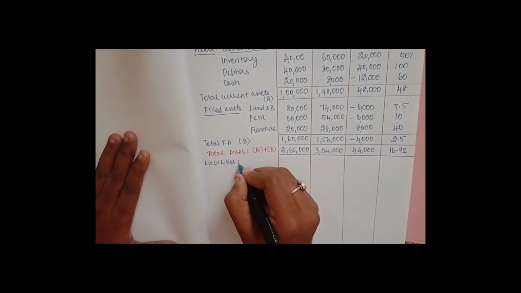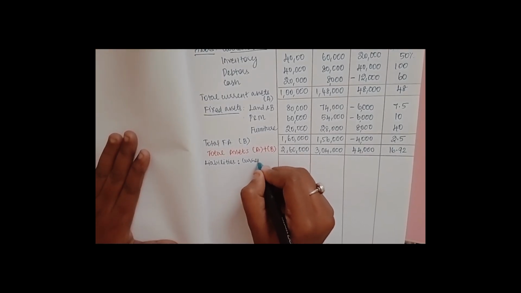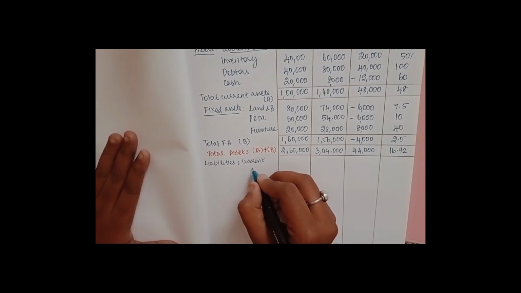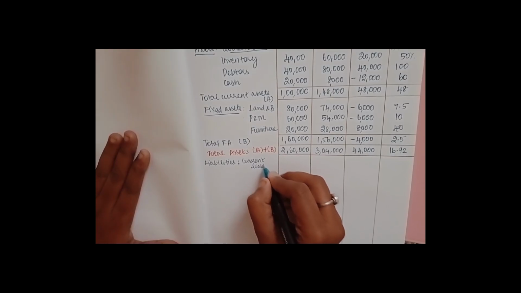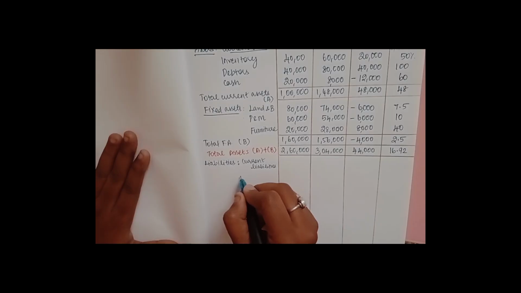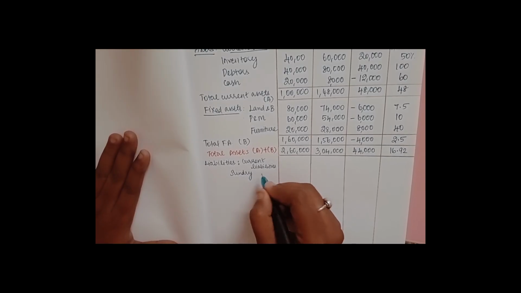We have current liabilities. The first current liability is sundry creditors.